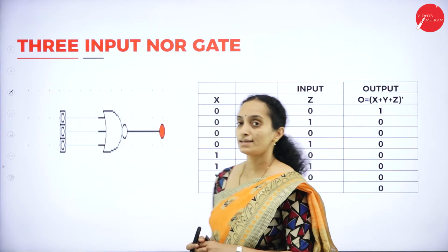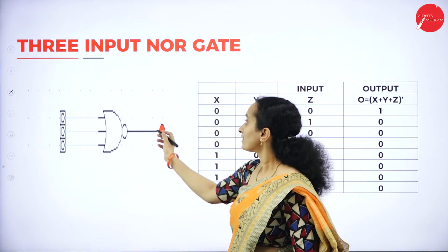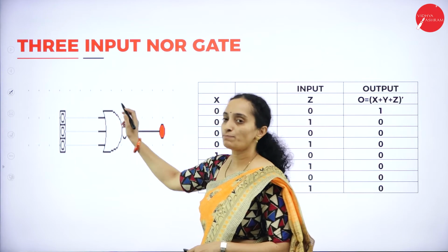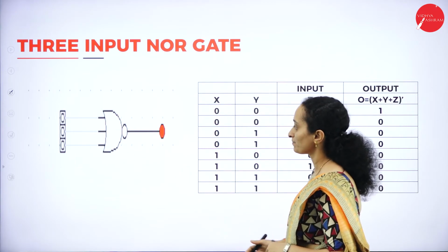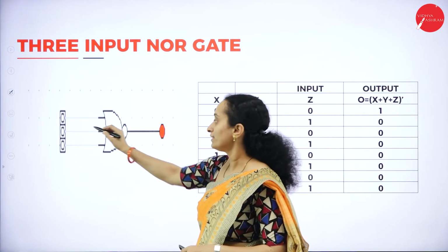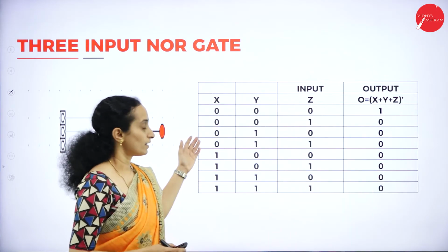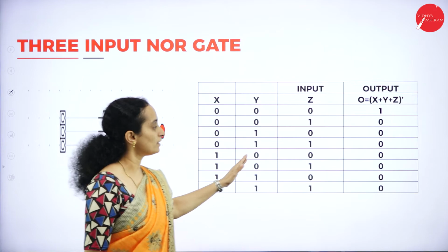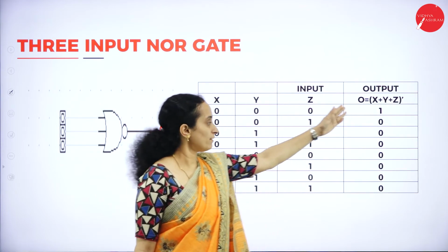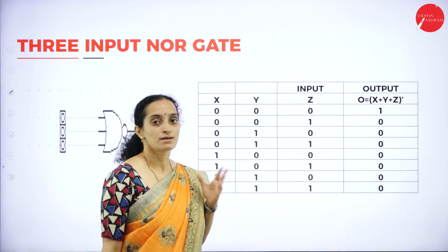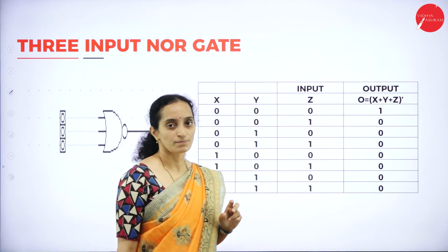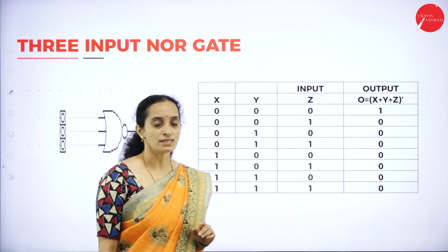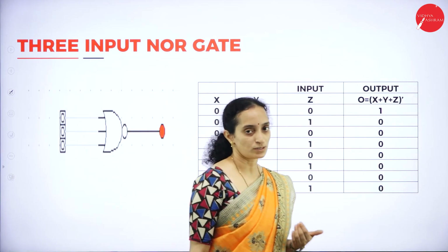Okay. Next thing is to know about the 3 input NOR gate. Now we have the 3 input NOR gate like this. So NOR with 3 inputs. The truth table that we can view here is producing 1 only when all the inputs are zeros. When all the inputs are low, then only it produces a high output. Alright.